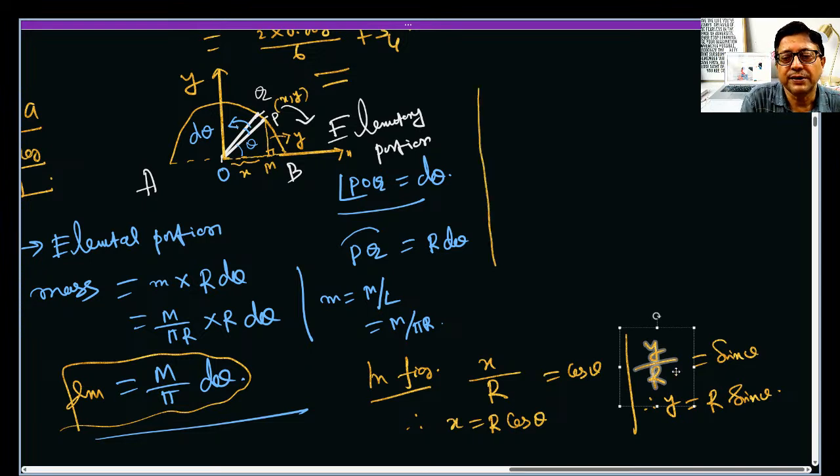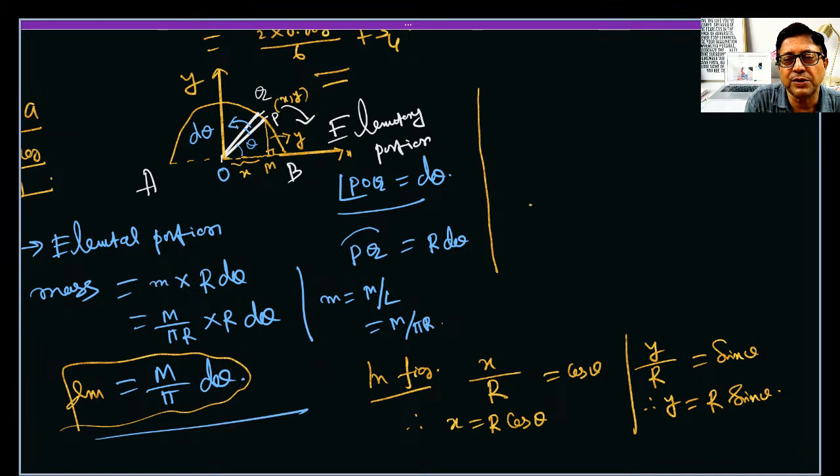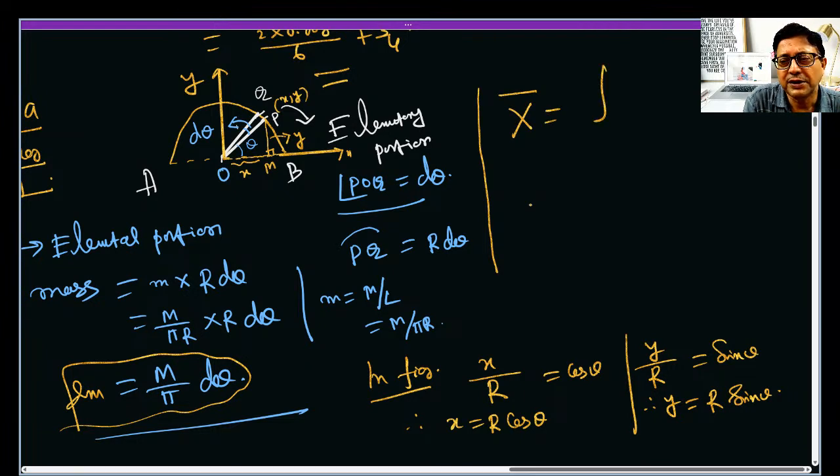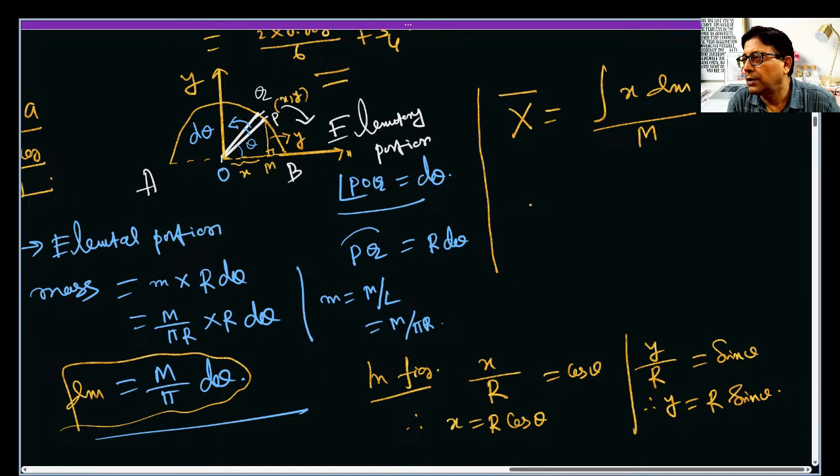I am calculating here because everything will be in this place only. X bar is what? Tell. Integration of x dm by total mass. Substitute the value of x over there.